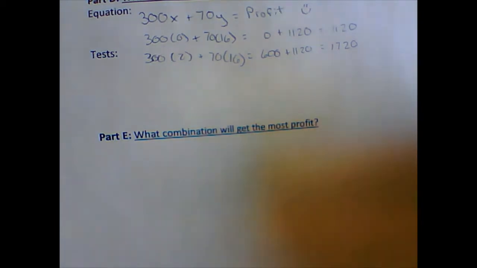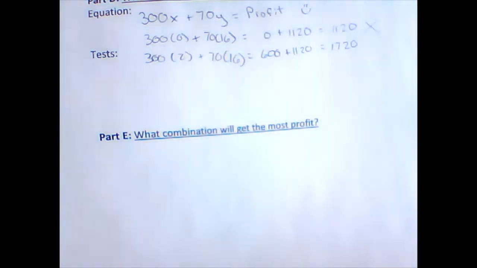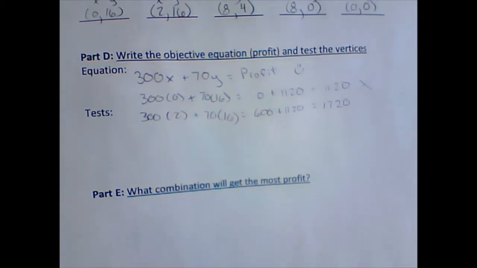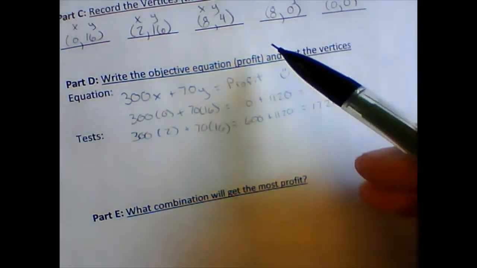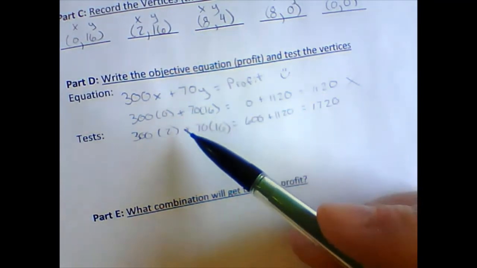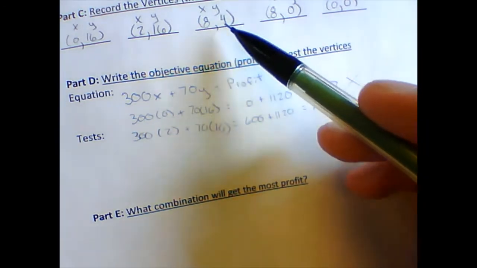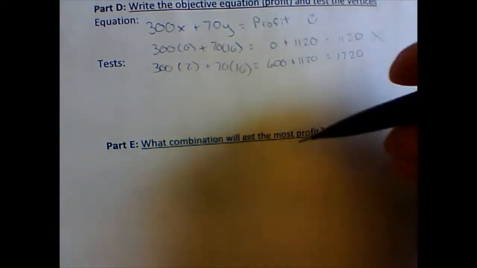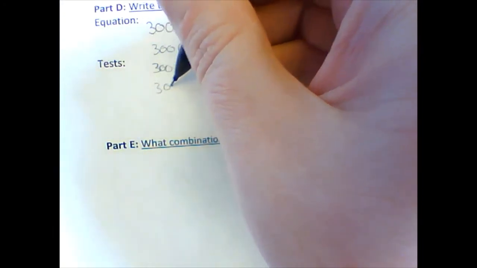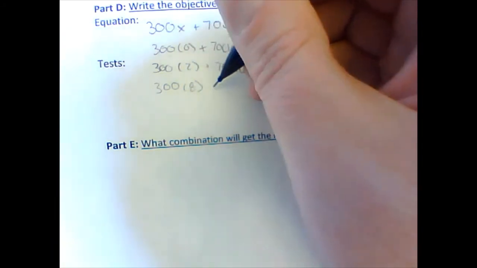So I'm going to X out the one above it because that one's just not making as much money. Okay, let's try our 8 and our 4. 8 will go in for x, 4 will go in for y. Again, we're just basically repeating this profit equation over and over in each of the vertices. So here comes our x.